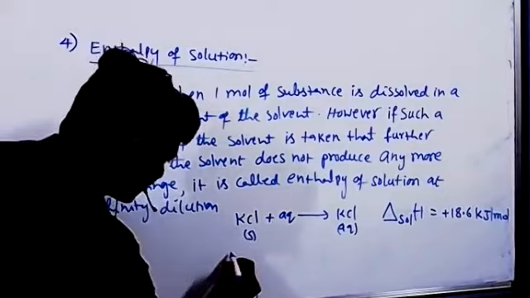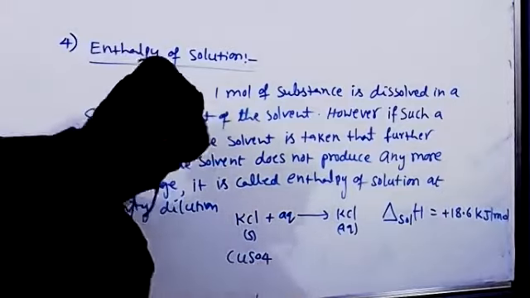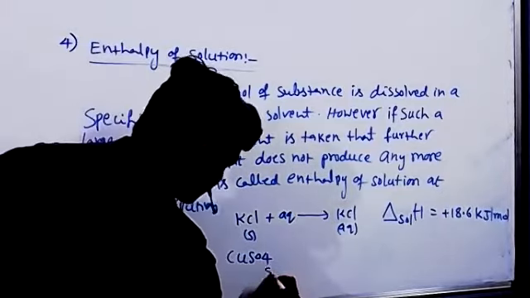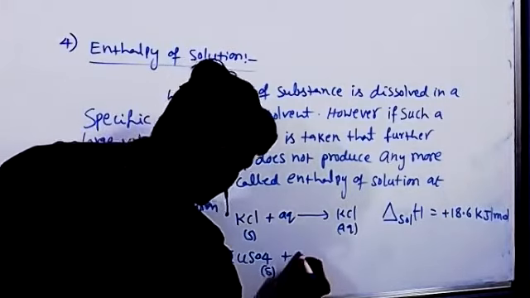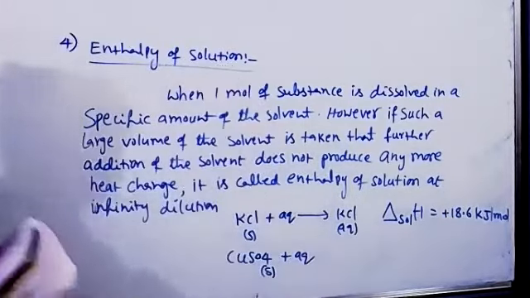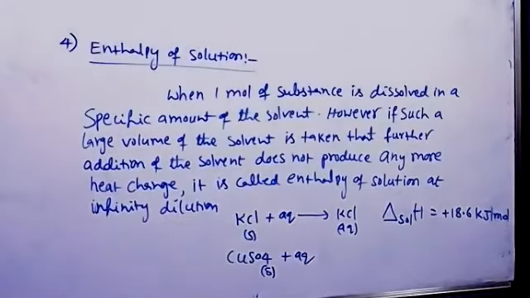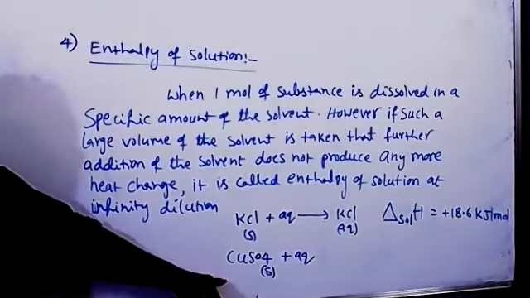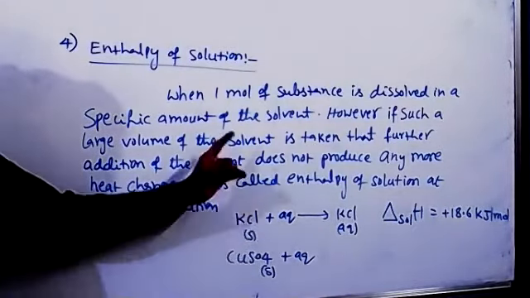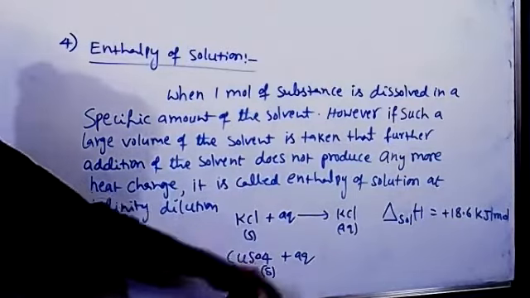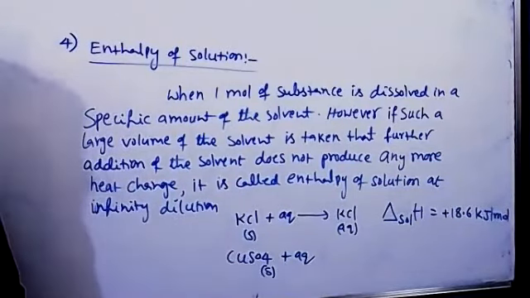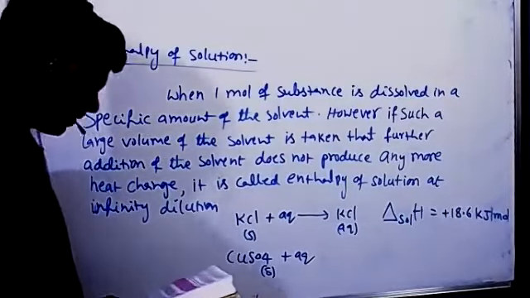Next, copper sulfate. Here copper sulfate is anhydrous. Dissolution of anhydrous copper sulfate to make a solution is an exothermic process. But if we take hydrated copper sulfate, like blue colored copper sulfate, it absorbs heat.